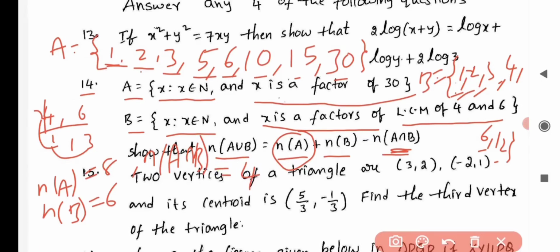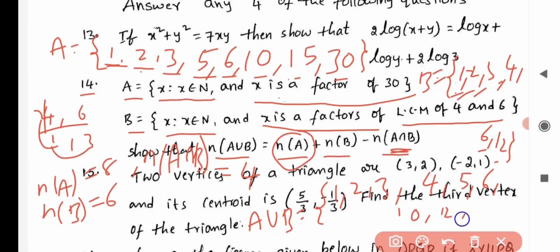Next, find n of A union B. First find A union B: 1, 2, 3, 4, 5, 6, 10, 12, 15 and 30. How many elements here?